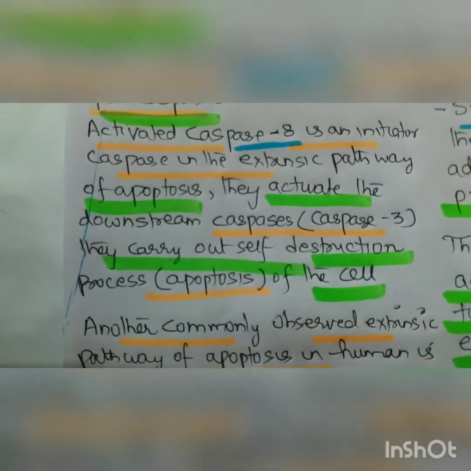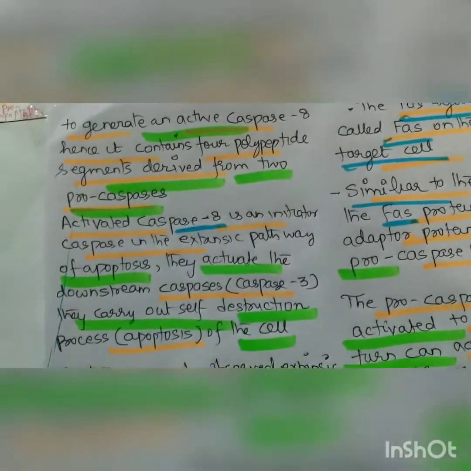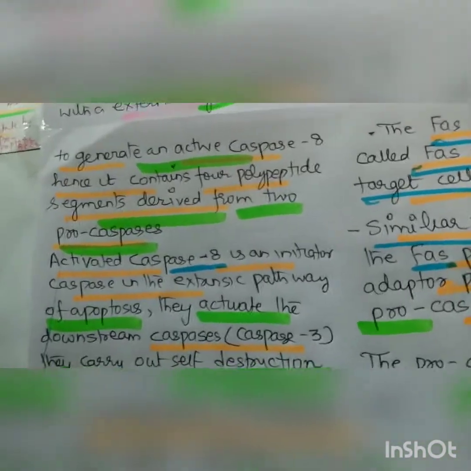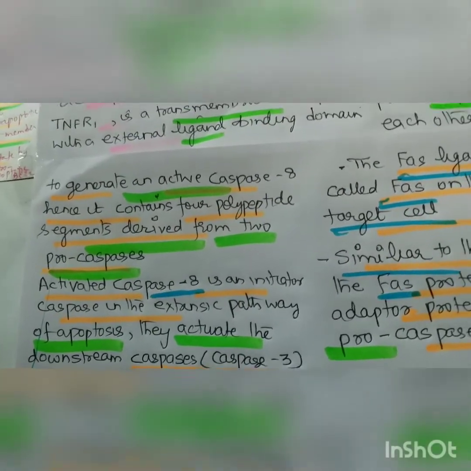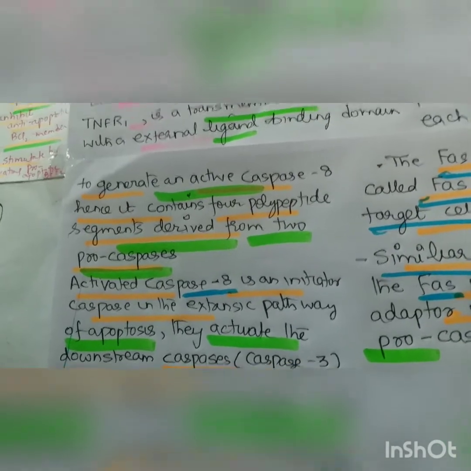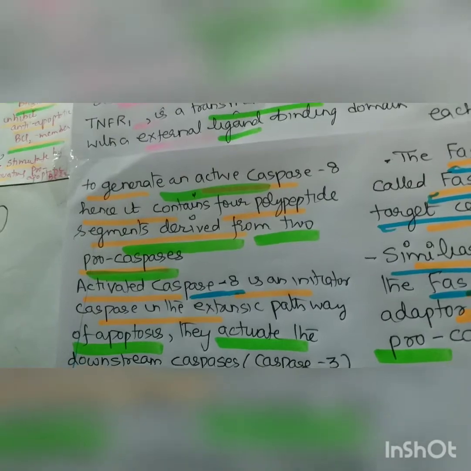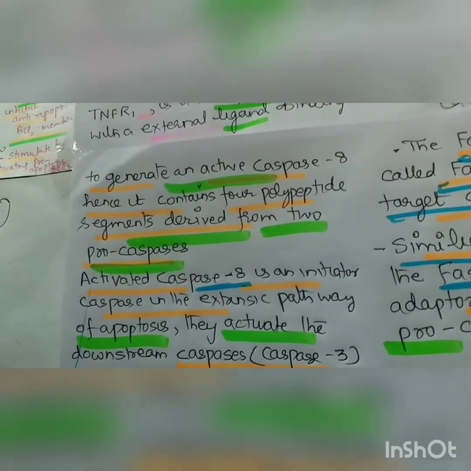They activate the downstream caspase 3, whereas in the intrinsic pathway we have the apoptosome, and then active caspase 3.